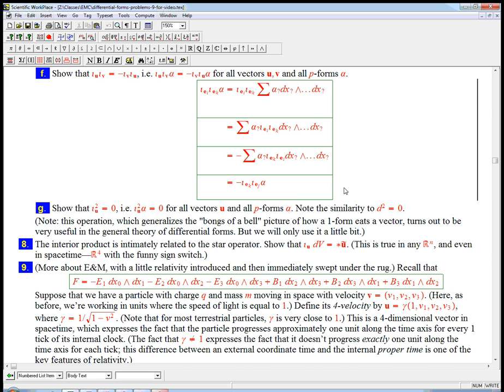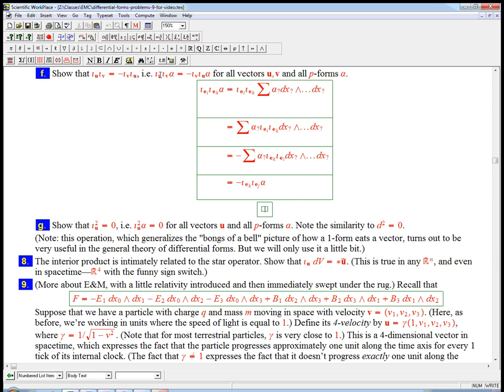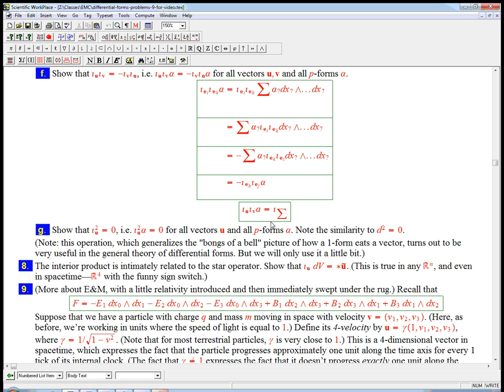Well, what if they're not basis vectors? What if they're arbitrary vectors? i_u i_v alpha. Well, that's going to be iota of the sum u_i e_i, and that's a vector, so I'll bold it.